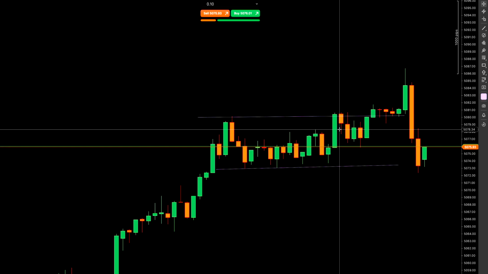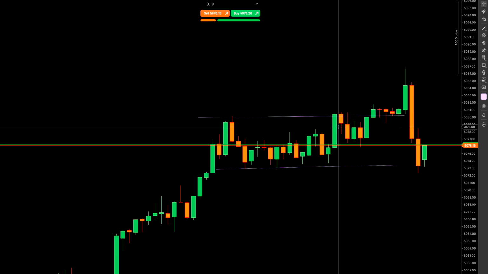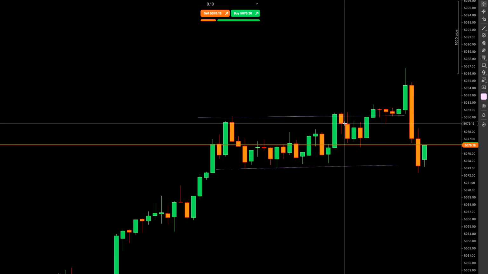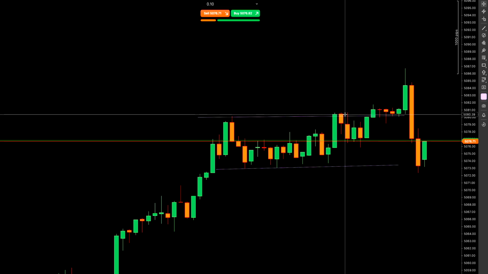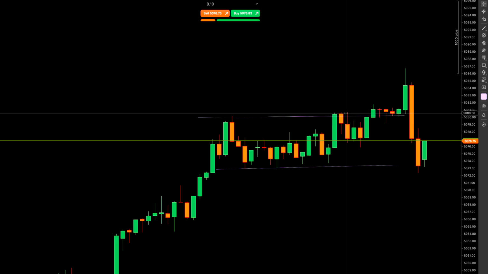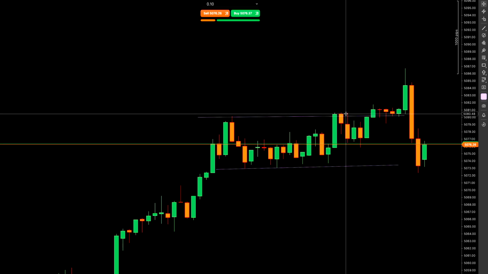Now once you've waited for confirmation, you have this candle right here. The candle opens up, does a little wick over here.